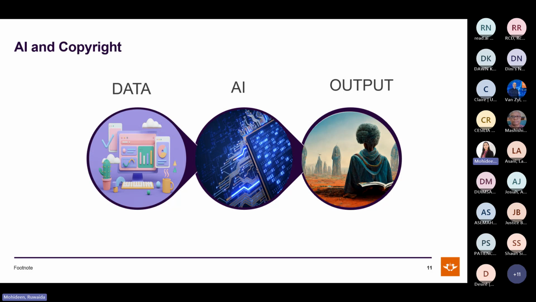So legal instruments and legislation have not yet been able to catch up with AI. So we're lagging in terms of having that legal framework to manage data sets and outputs produced by AI. So that's just a side consideration that you need to look at when using AI tools during your research.